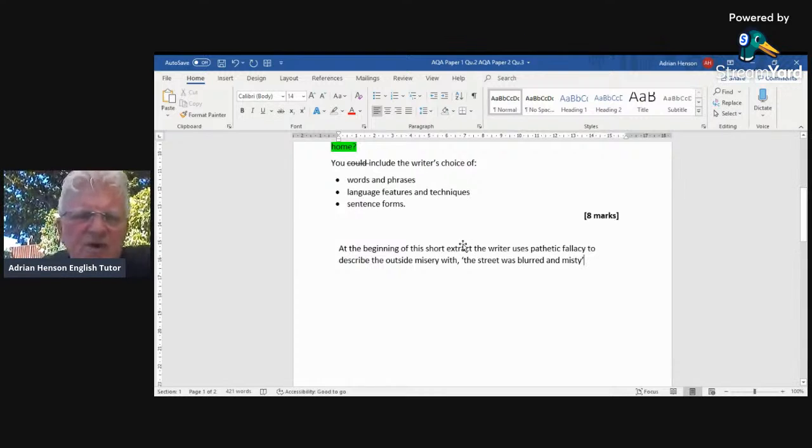Now, when you're talking about language, you're trying to pick out elements, as they've said, words and phrases, language features and techniques and sentence forms. But what you need to do is give an indication of how this works. So at the beginning of the short extract, the writer uses pathetic fallacy to describe the outside misery with the street was blurred and misty.